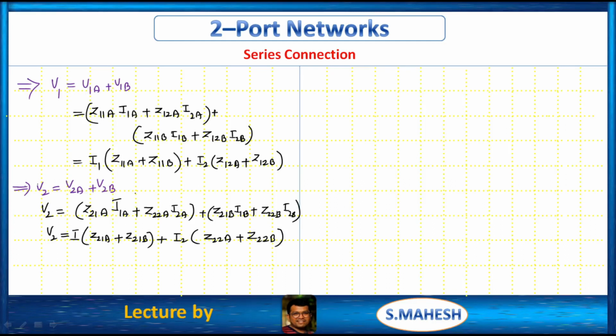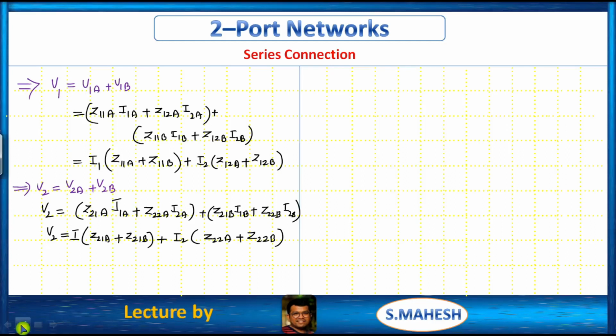So we have V1, V2. We all know that in series connection the total voltage should equal V1 plus V2. Here we are considering two networks. If we have n networks connected in series, the total voltage should equal V1 plus V2 plus V3 and so on up to Vn.